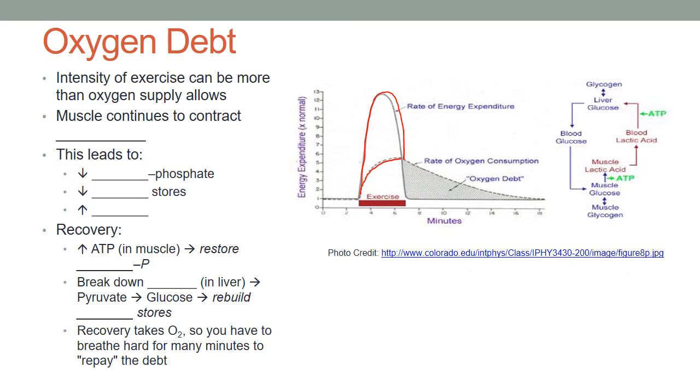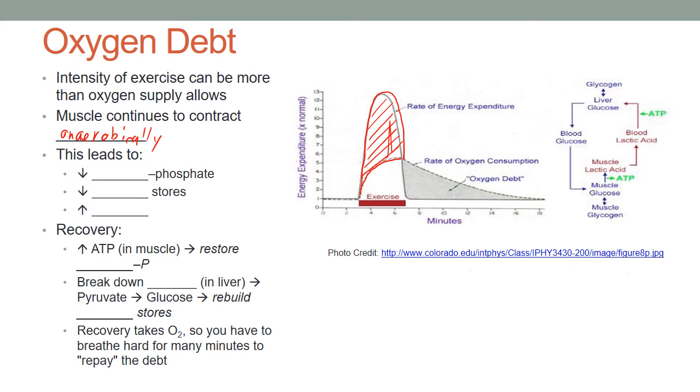To get that extra energy, the muscle has to contract anaerobically. And there's nothing wrong with that, but you end up using this much energy more than what you've provided oxygen to your body to use.